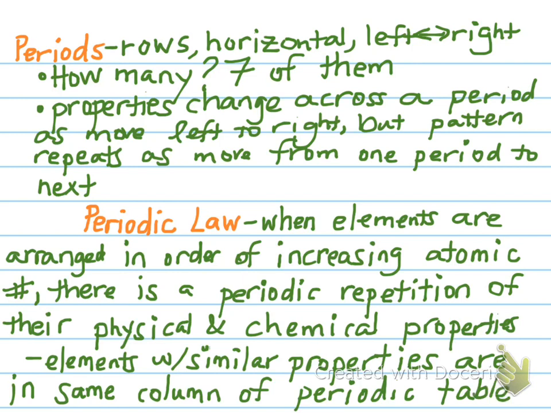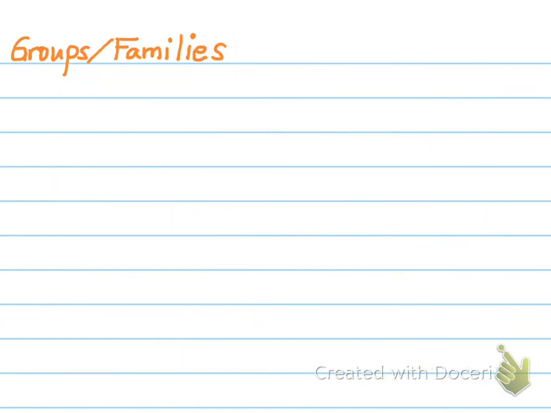So because we have these elements organized in order of increasing atomic number, and because elements that are similar to each other in terms of what they look like and how they react chemically end up near one another on the periodic table, we're going to find that elements that have similar properties are actually in the same column of the periodic table, which brings us to talking about groups or families, which are the special names for the columns on the periodic table.